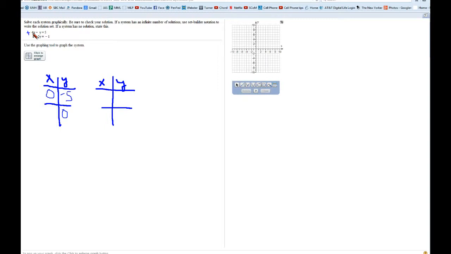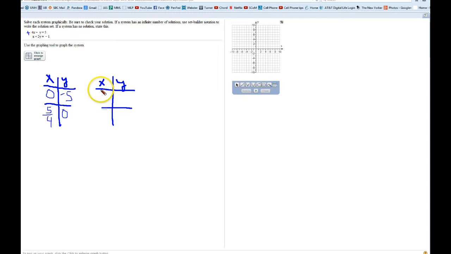So if y is 0, this is going to be 5/4. Now that might be a little hard to graph, but we'll see. And I'm going to write these down somewhere too, so I'm going to have to erase this eventually to put the answers in. Now 5/4 is like 1 1/4.